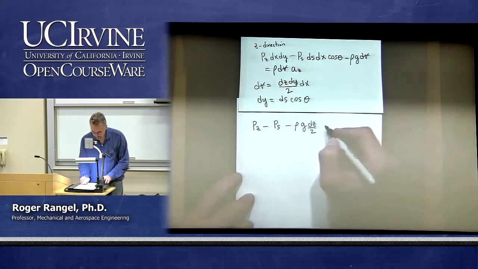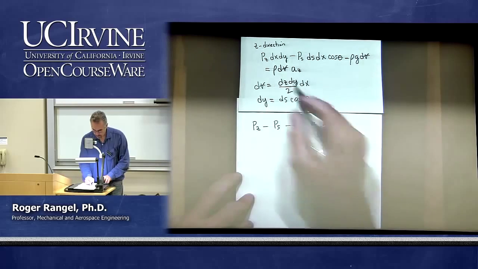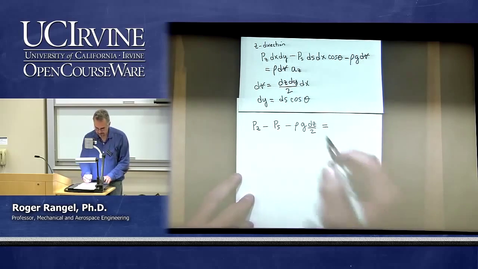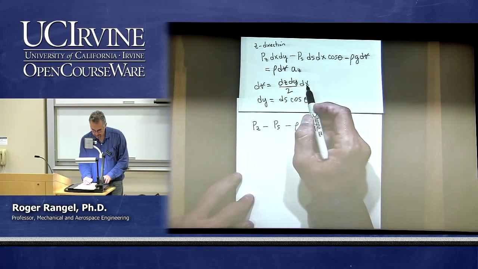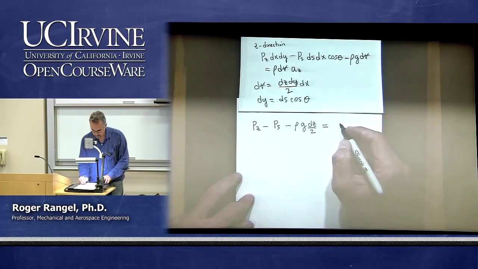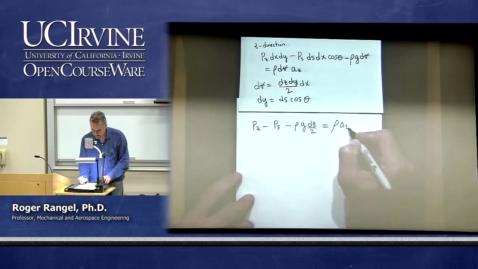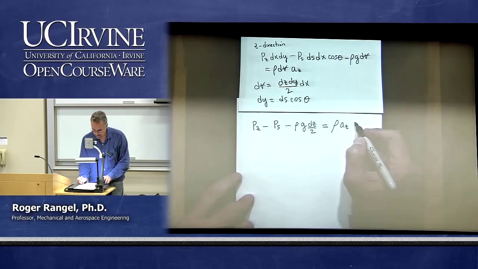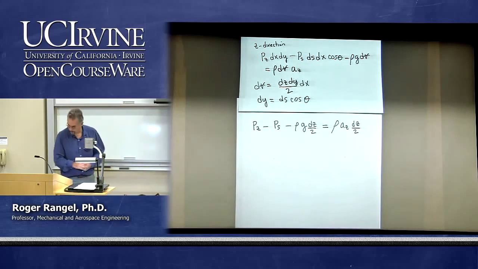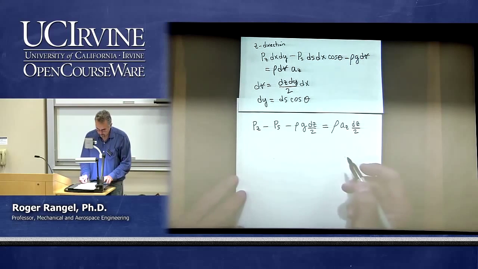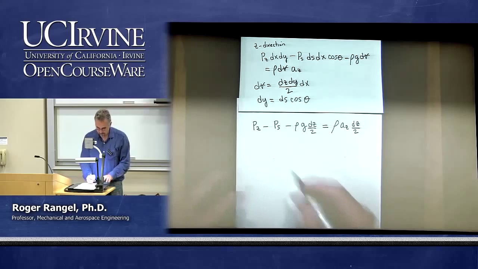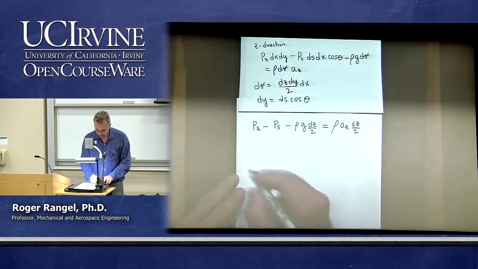And then this is equal to rho dv az. Again, in the dv I divided by dx and divided by dy. So what I have here is rho az dz over 2. So that's the simplified expression for the balance of the vertical forces.